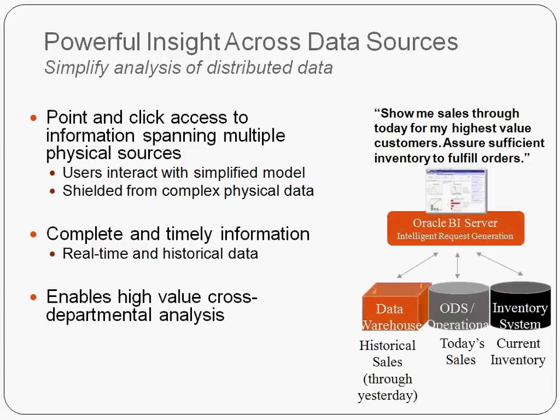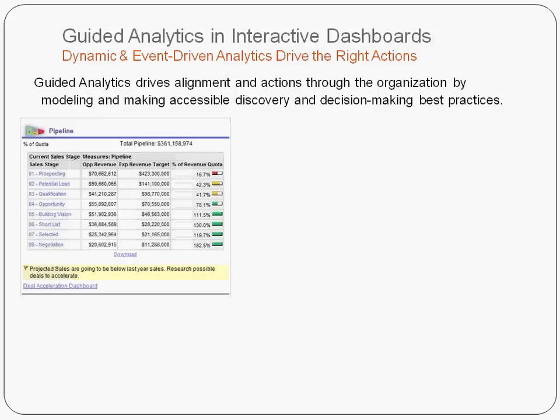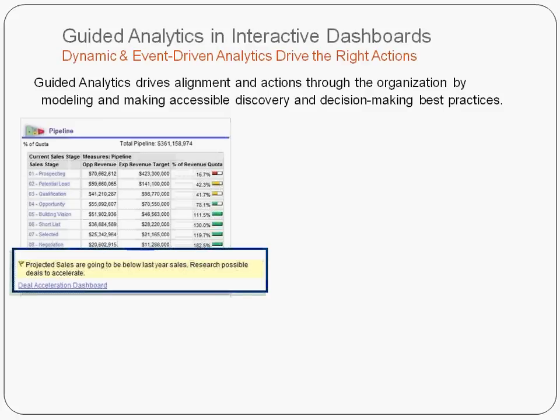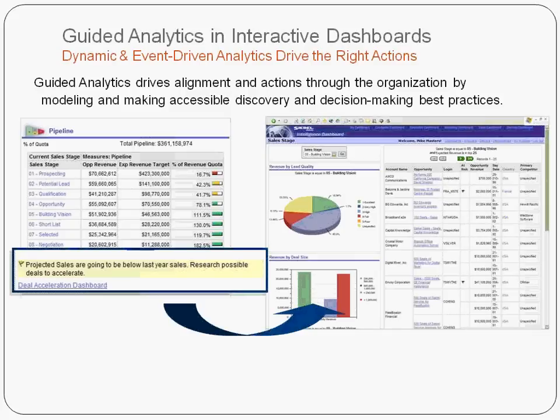So that's a very good example of how business analytics could be used not as a reporting tool but as a powerful decision-making tool. Here they're showing an example of how a report could be drilled down: okay, the projected sales are going to be lower than last year's sales, so research is possible, and it can simply take you through guided navigation to different dashboards where you can drill down for more information and further research.